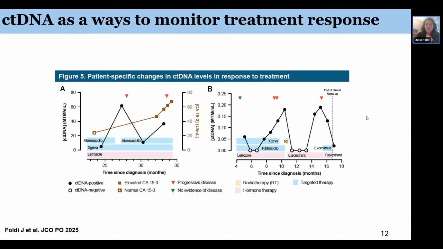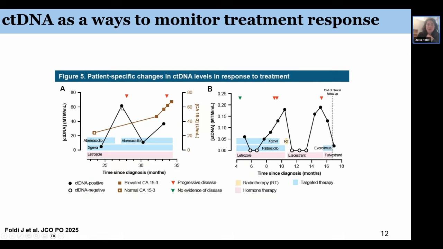So these are two patient examples from a study we did in 66 patients who had metastatic lobular breast cancer. And we used ctDNA monitoring with the Signatera assay to follow their disease course. To orient you a little bit, the x-axis here is time from diagnosis, and the y-axis is the level of ctDNA found in the blood.